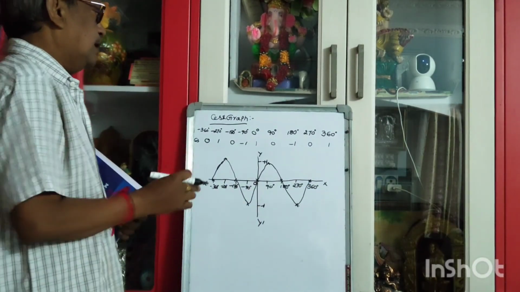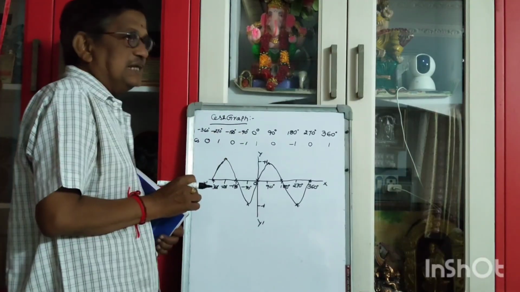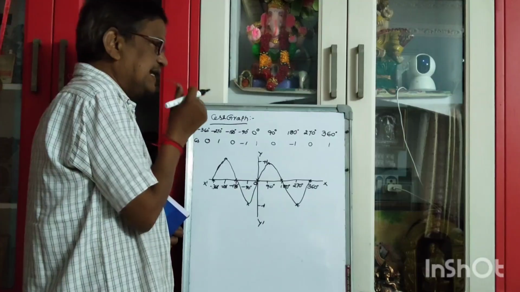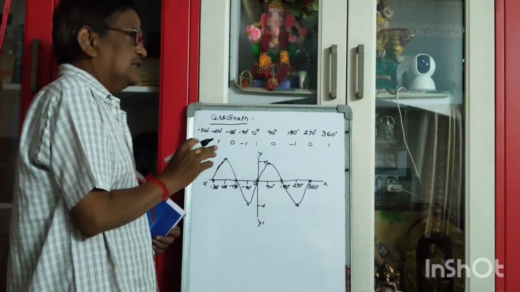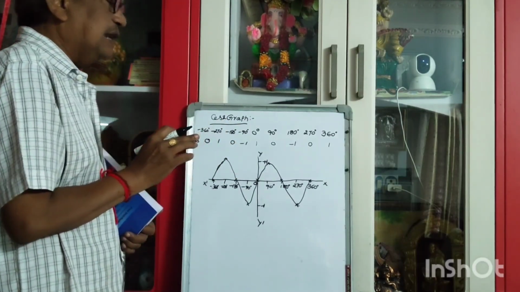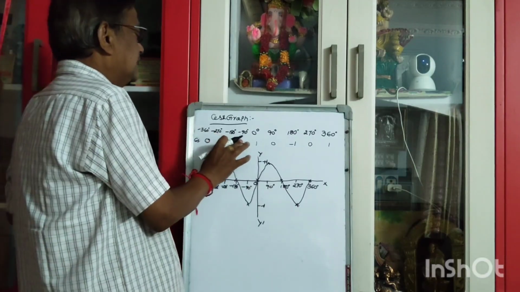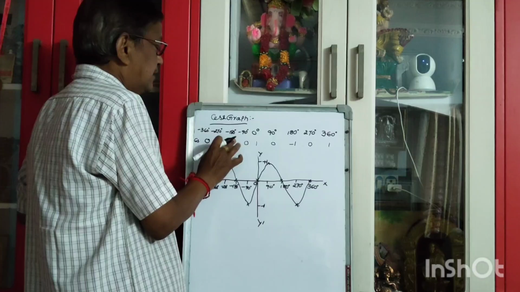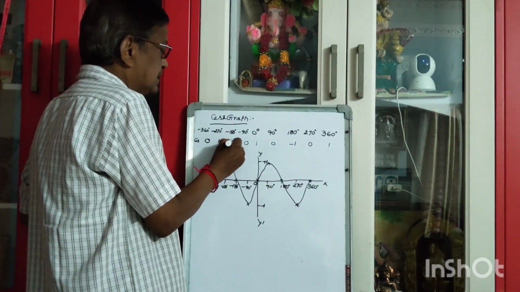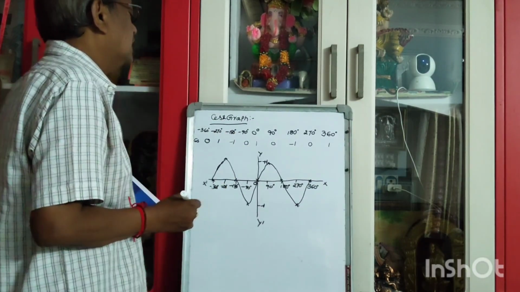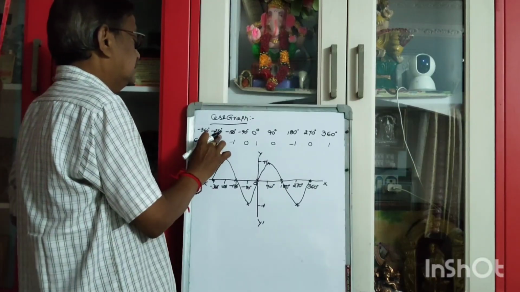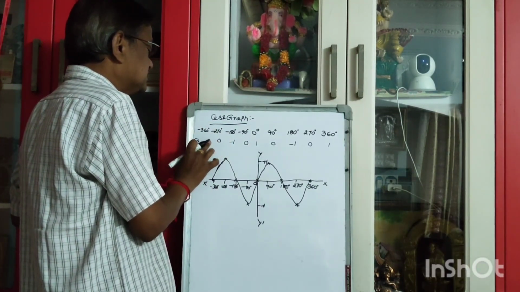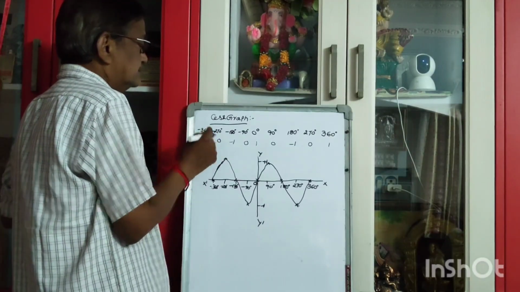Here cos minus 90, cos does not consider negative values, so it will be 0, and cos minus 180 is minus 1, cos minus 270 is 0, cos minus 360 is plus 1.